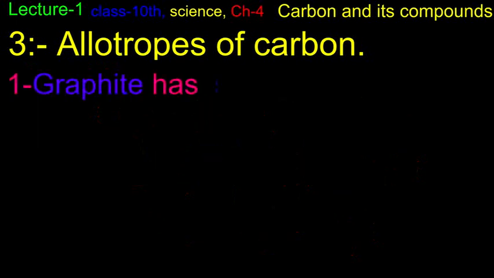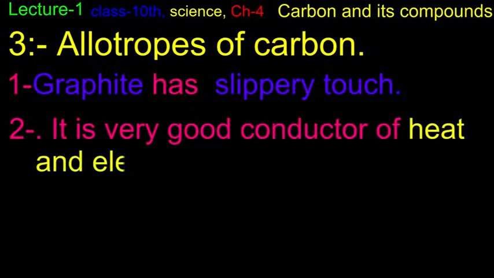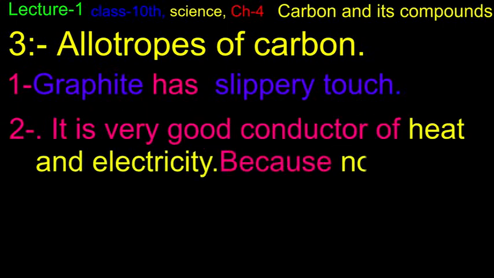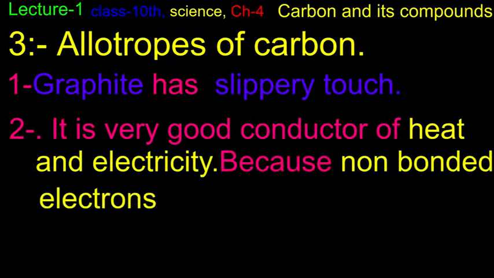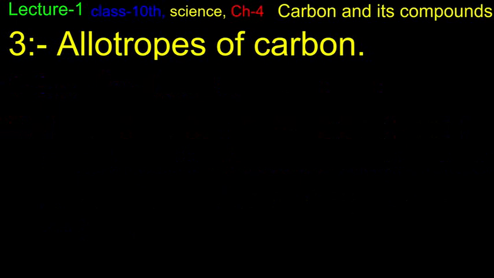That is why graphite has a slippery touch. It is very good conductor of heat as well as electricity because non-bonded electrons are free to carry charge or heat. Another allotropic form of carbon is fullerenes.